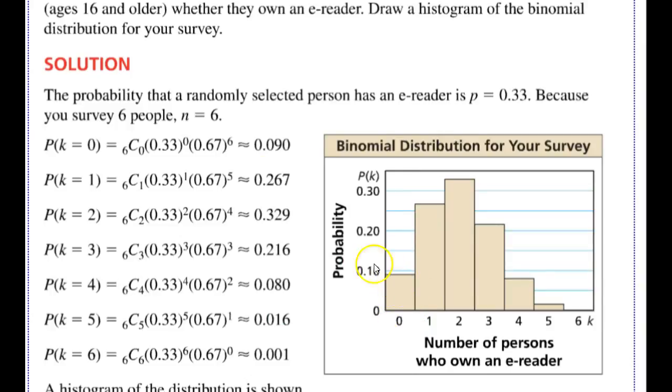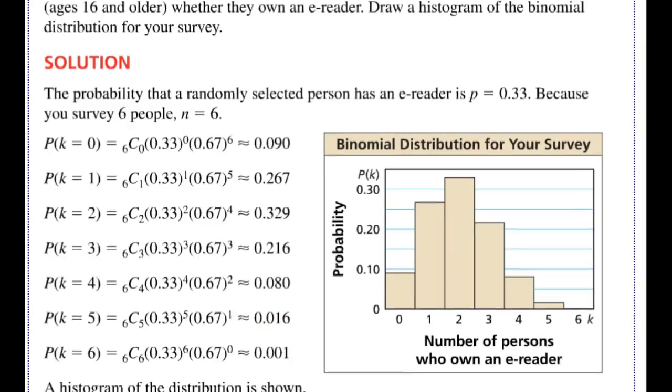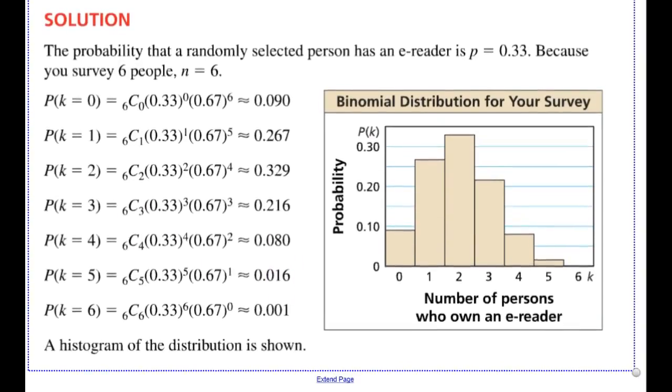I'm going to use my probabilities as decimals because that's what I found, and I'm dealing with percents in the question. So I draw my number of people that own the e-reader, and I fill in the numbers that I get from my probabilities. Here we're going to get as close as we can, because not all of these are going to be exact values.